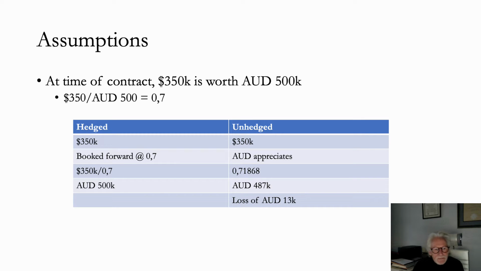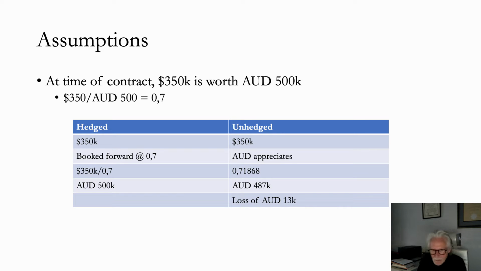So if the exporter purchases a forward contract, in other words, hedges the transaction, we can see in the table that this would guarantee that the Australian exporter receives 500,000 Australian dollars when payment is made in US dollars to the exporter.